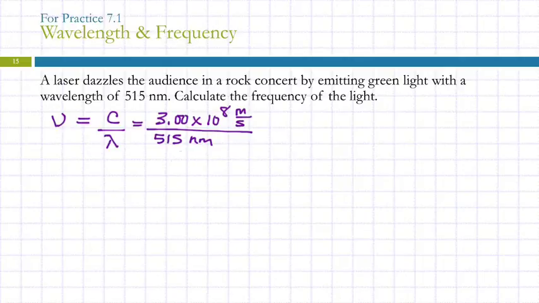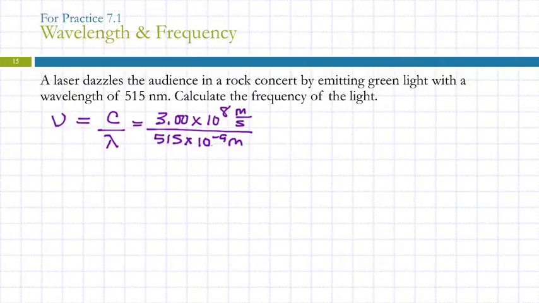Or a short way to do this is to say, well, nano means 10 to the minus 9. So instead of writing the n, I'm going to write what it means. So 515 nanometers is the same as 515 times 10 to the minus 9 meters. That's not proper scientific notation, but it's okay. Your calculator will understand it.